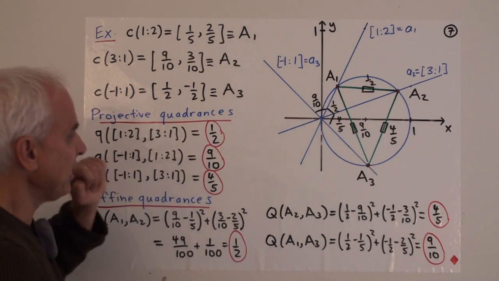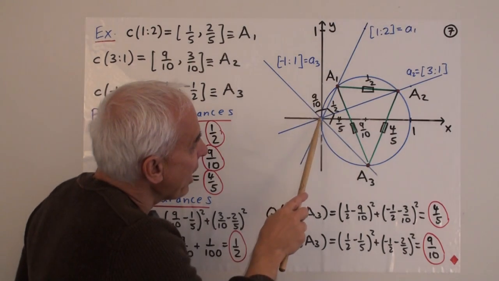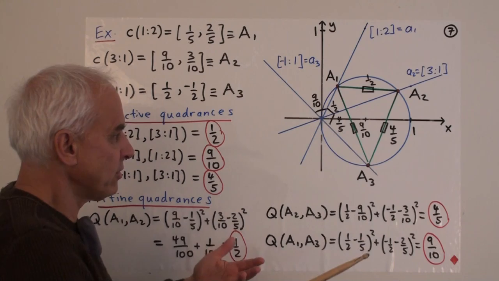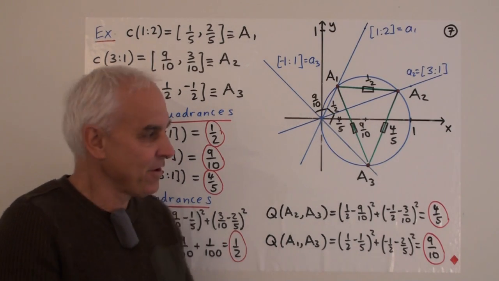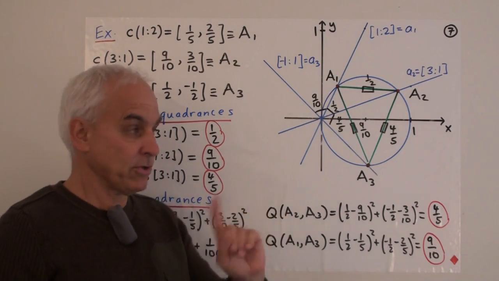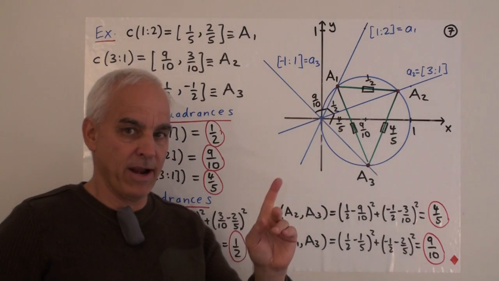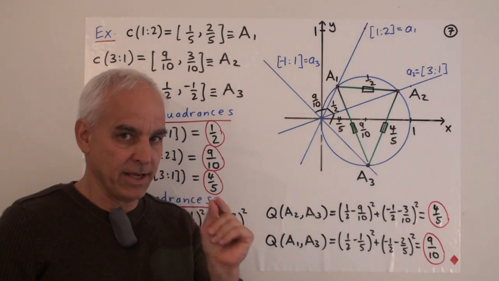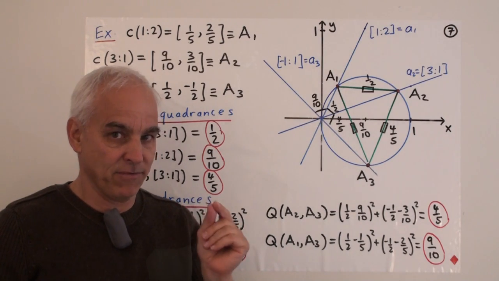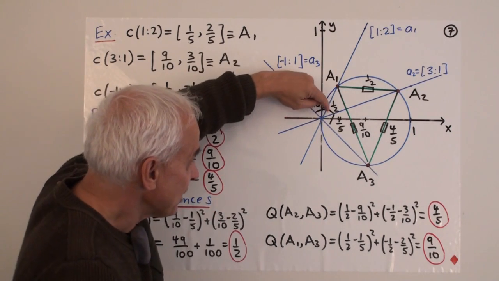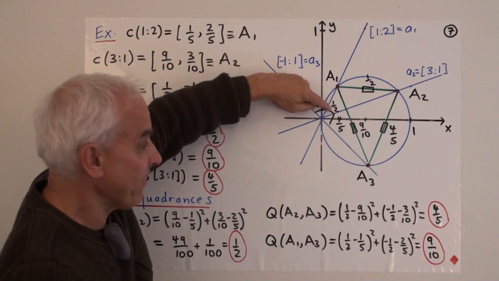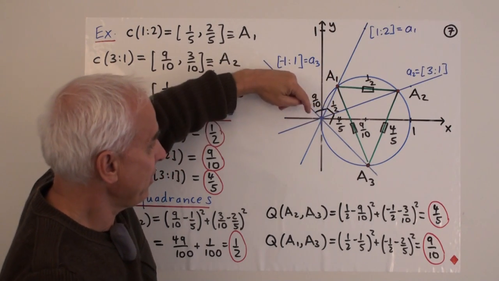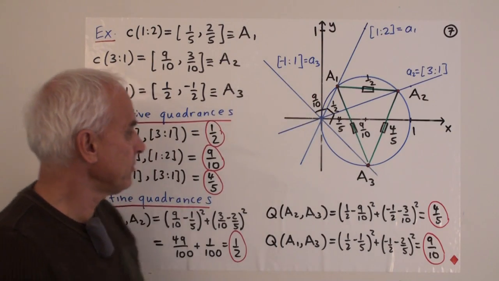And we can denote these quadrances here on our diagram by little lines. It's the same notation that we use when we're talking about spreads, so we don't get confused with angles, because we're not talking about angles here. We want to talk about the spreads or the projective quadrances. These are the really algebraic, essential aspects of things. So there's a spread or projective quadrance of 1/2 there, 4/5 there, 9/10 there.